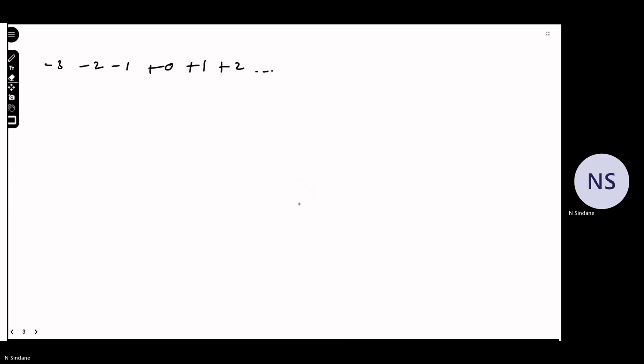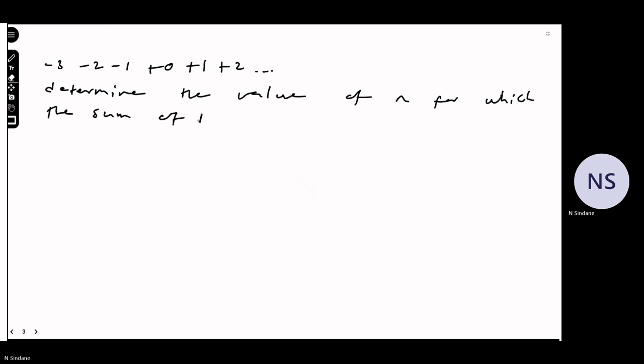Determine the value of n for which the sum of the first n terms is 1075. So now we can see that we can't use the first formula.